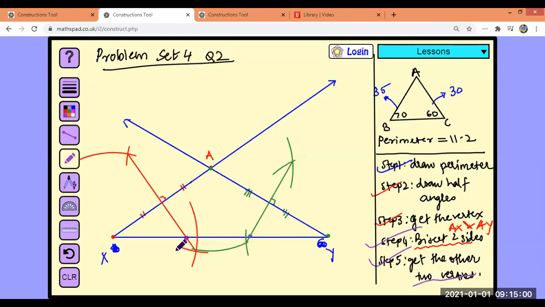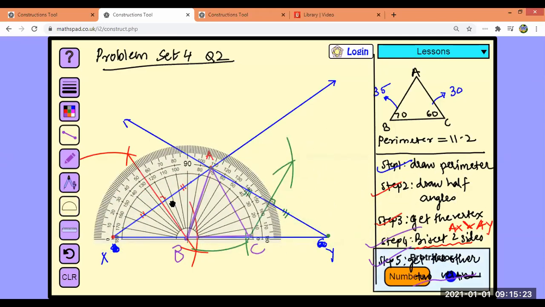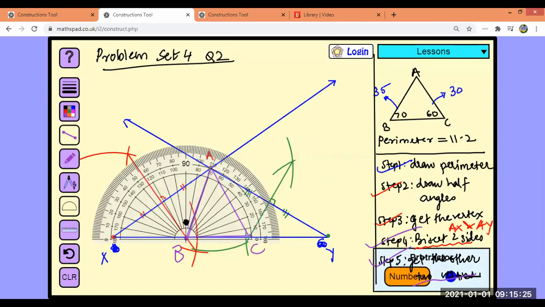So the base over here, this is B and this is point C. Joining ABC, we get the triangle. So joining ABC like that, we get the triangle. This is the required triangle. And now if you wish to look at the verification using the protractor, and if you check, angle B is exactly 70 degrees over here.